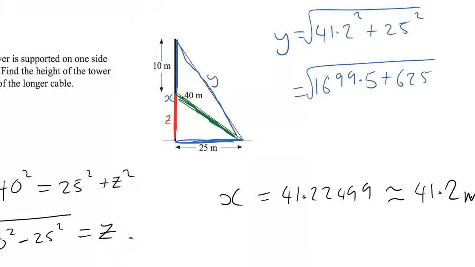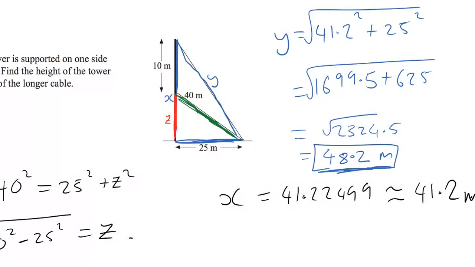Well, let's just add these 2 values together. So we're going to have the square root of 2324.5. So square rooting that is 48.2. So my value for y, the length of the longer cable, is 48.2 meters.